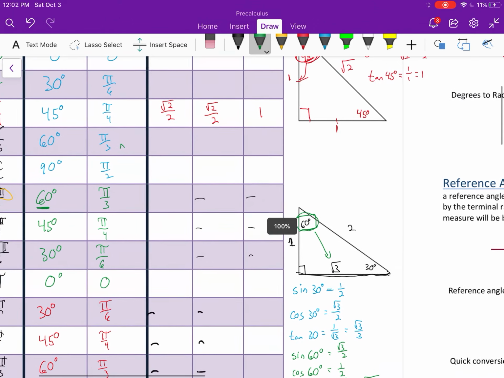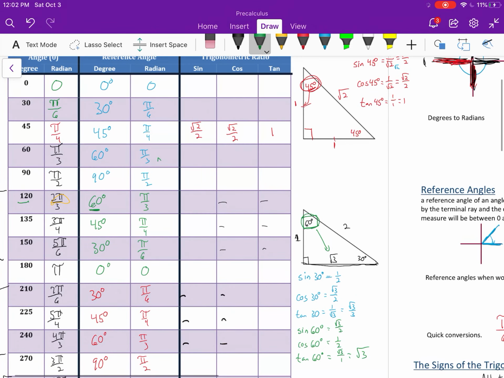And so now we can fill out those first rows for sine, cosine, and tangent of 30 and of 60. So sine of 30 was 1/2. I'm just looking down here at what we had before. Cosine was √3/2 and tangent was √3/3.